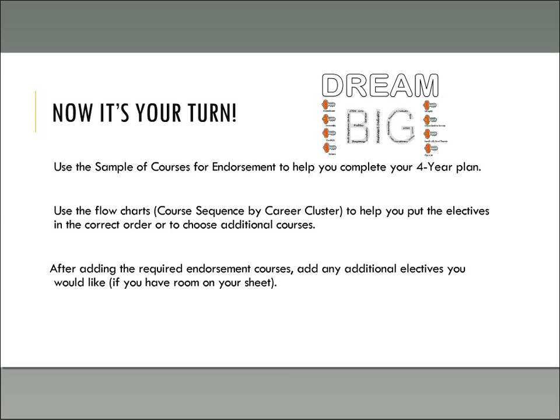So make sure that you are able to read and remember what the course is that you chose. So at this time, go ahead and take the time to complete your 4-year plan worksheet and use the resources in your booklet that you have available to you.